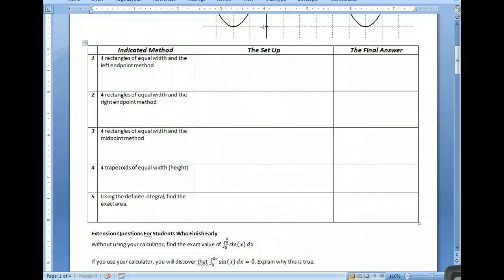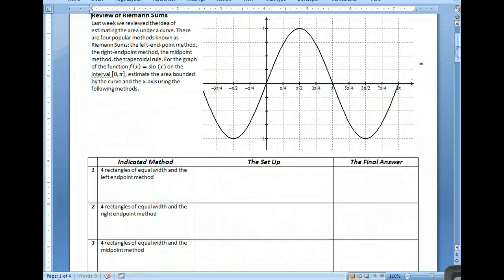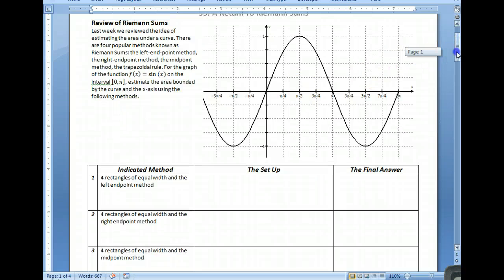This first part is more of a mathematical thing. So to at least help you on this setup, let's talk about what this is. I have a function. I'm trying to find the area under the curve from where to where?